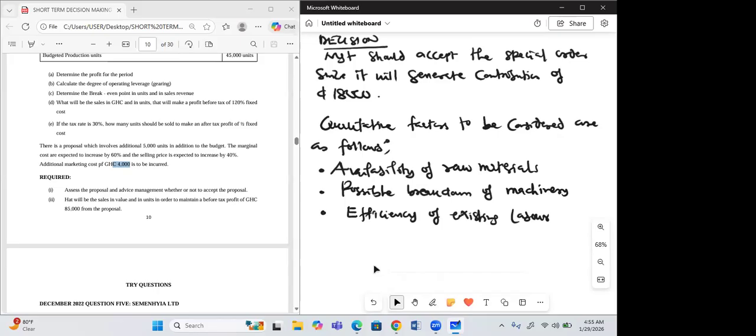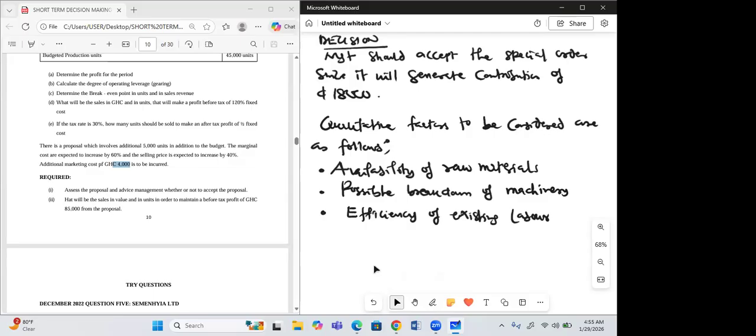Then what will be the sales in value and in units in order to maintain a before tax profit of 85,000? You know that fixed cost plus the target profit over what? Contribution per unit. So now since they give you a new selling price and a new variable cost, you will get a new contribution per unit. Is that clear?